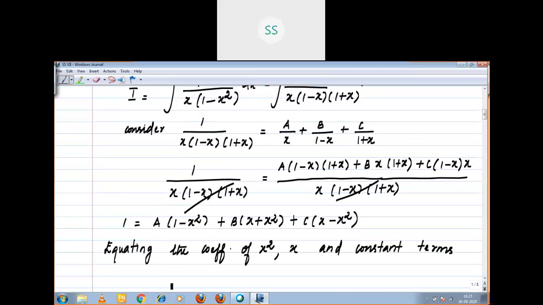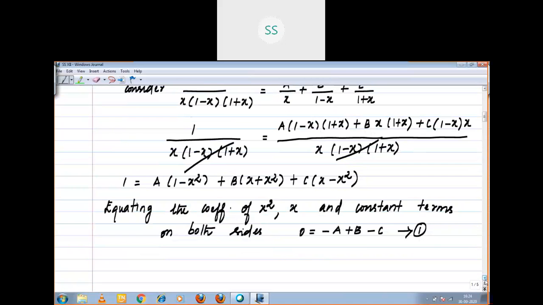If you are equating the coefficient of x square, what should be on the right side? On the left side, there is no x square term. So, 0 is equal to minus a plus b minus c. This is equation number 1.